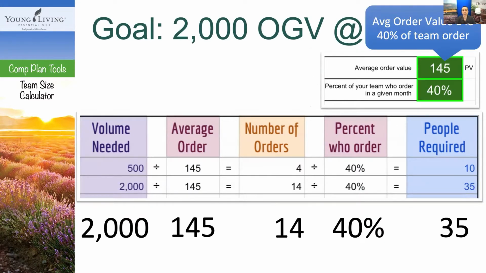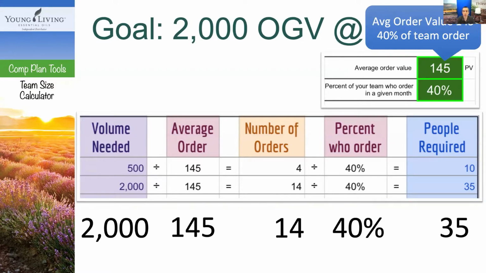Let's have a look at an example where we modify those values. In this example, we modify them so that the average order value is 145 PV and 40% of the people in my team order in a given month. When we look at this line that says 2000, because that is our goal, you can see that the people required is 35.